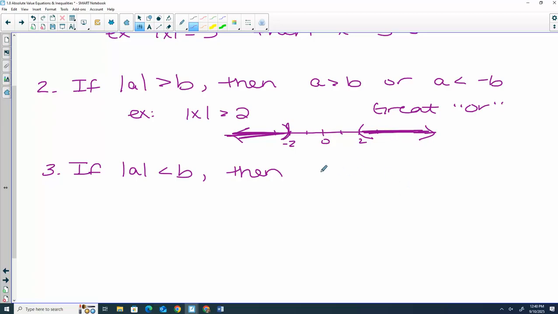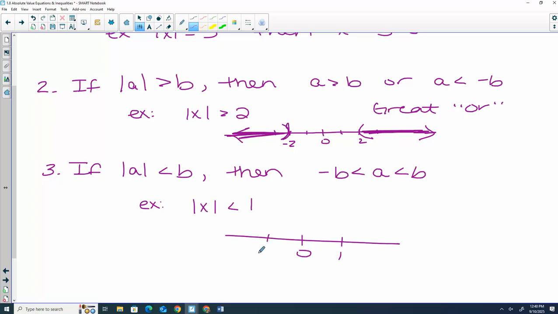I usually do a compound one, but if that's not the way you typically did it last year, I'm happy to rewrite it. So what this means, if I said the absolute value of x is less than 1, that means your distance from 0 has to be smaller than 1. So you would have to be in this window right here.